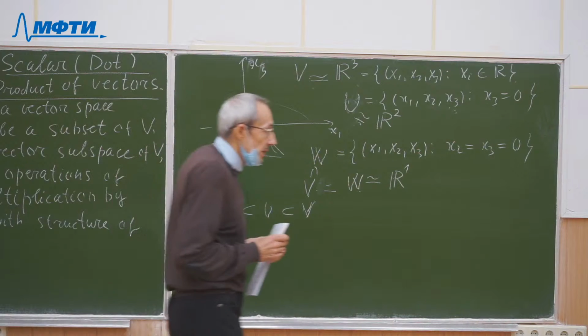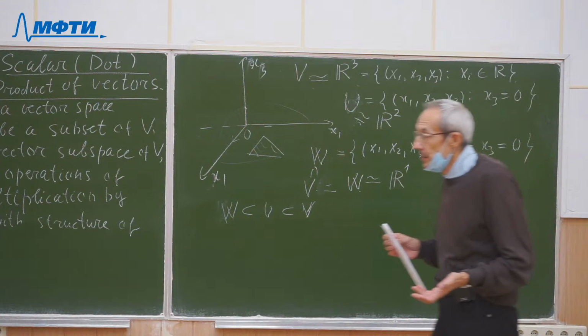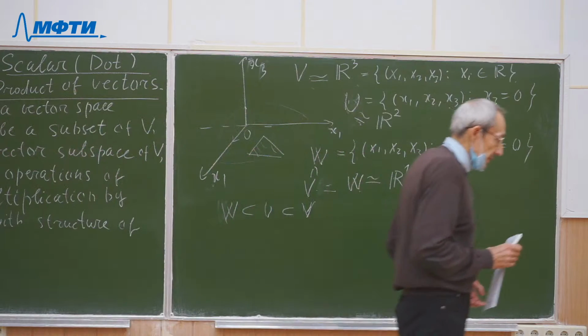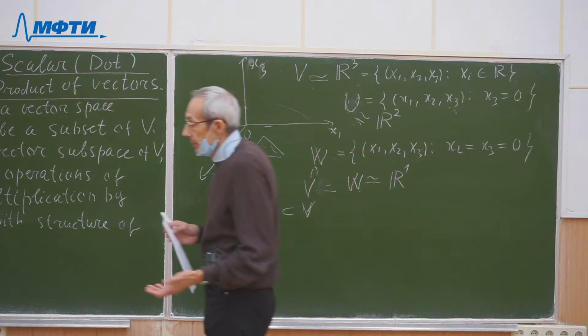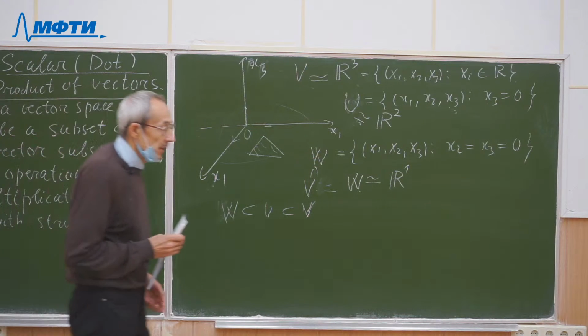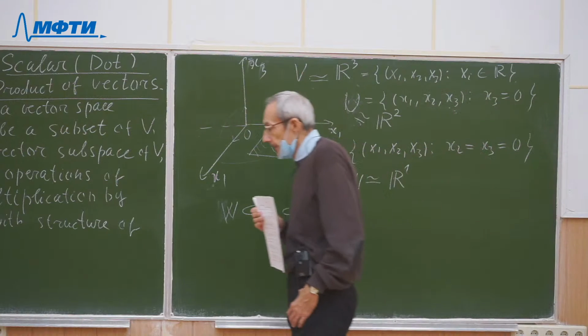But easy to see that some of these axioms need not be checked because, for example, the axiom of associativity is fulfilled for all vectors in this vector space, and from this it easily follows that this axiom is fulfilled for vectors in this subset.